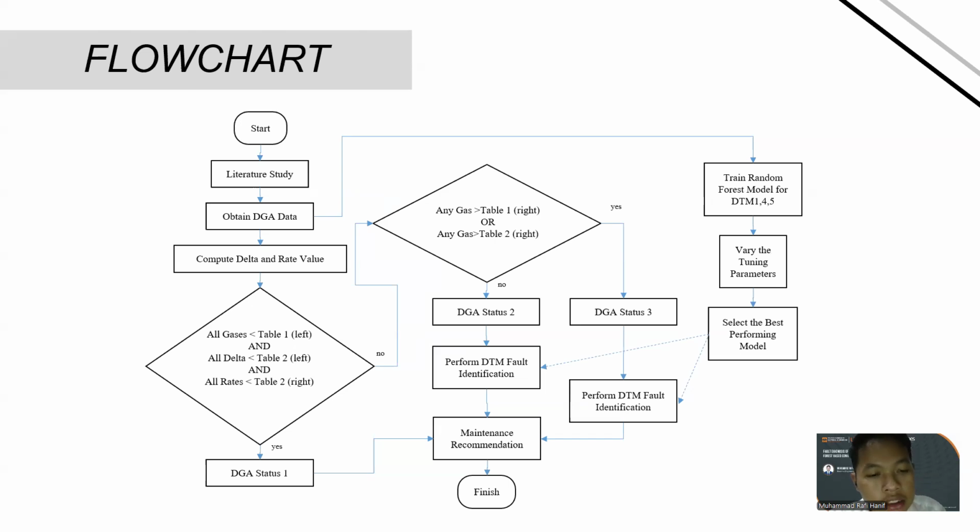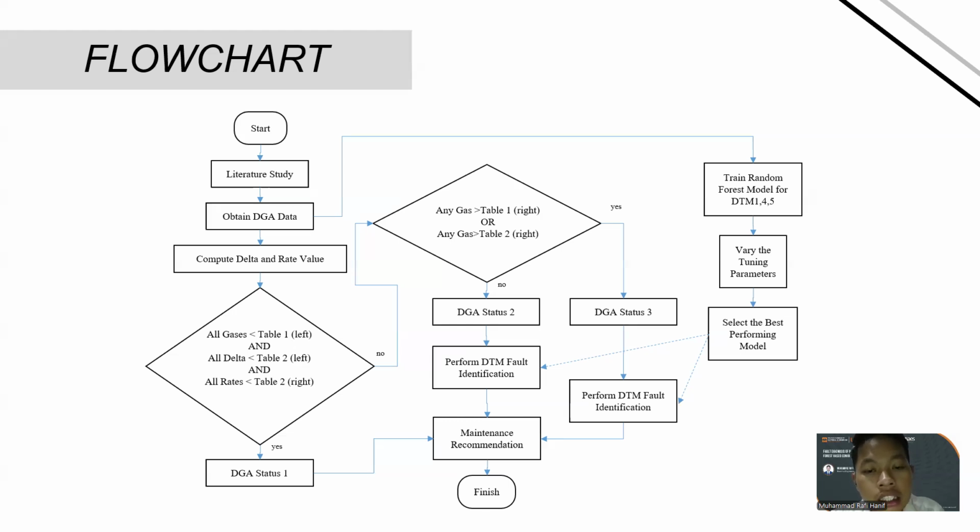If it is yes, the transformer will get the condition as DGA status 1 and then directly go to the maintenance recommendation and finish. And if it is no, we are going to the next steps.